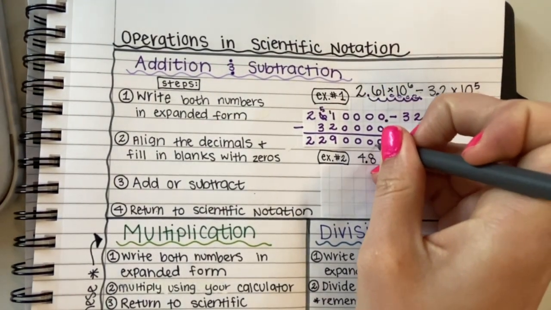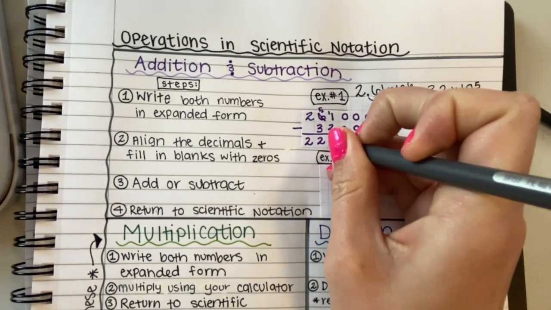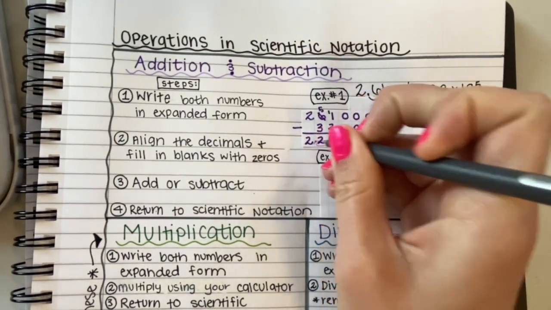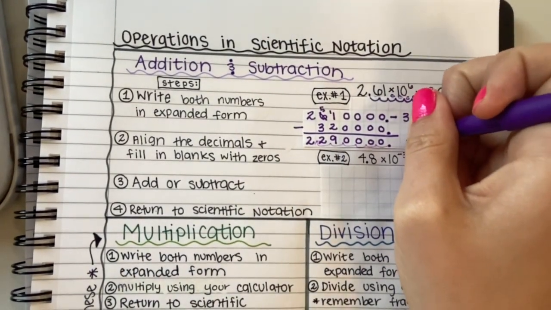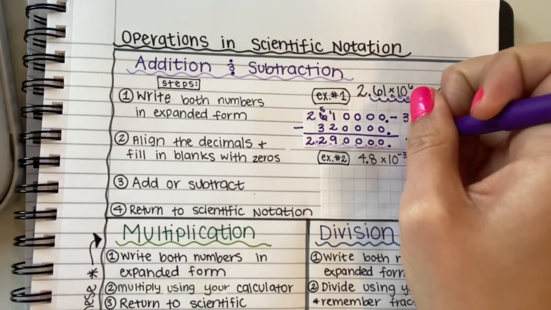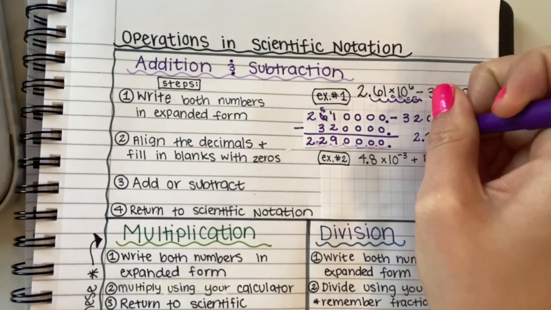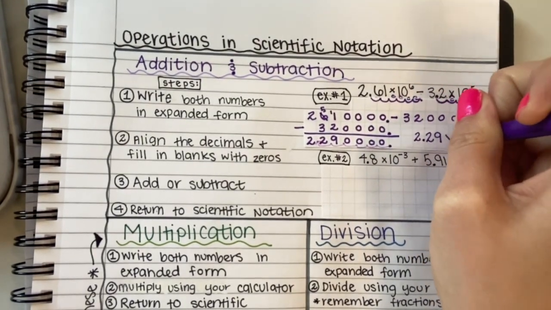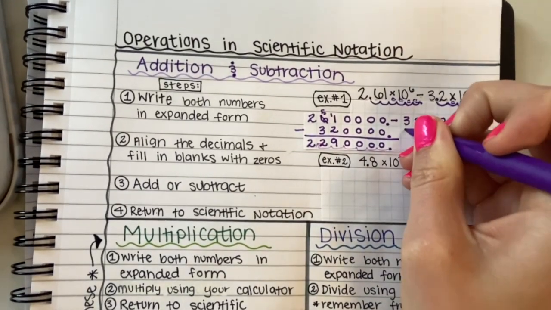I need to move my decimal 1, 2, 3, 4, 5, 6 places. And my result is going to be 2.29 times 10 to the power of 6.